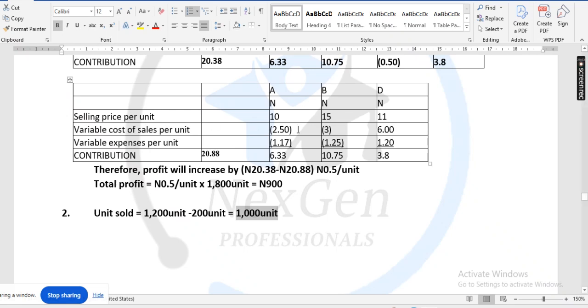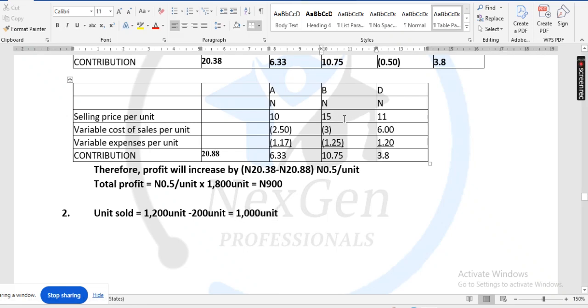Now, let's quickly go there. Should we calculate this so that we'll get the value? Let me copy this part. Class, so 20.88 times 1,000, what do you have? 1,000 units.